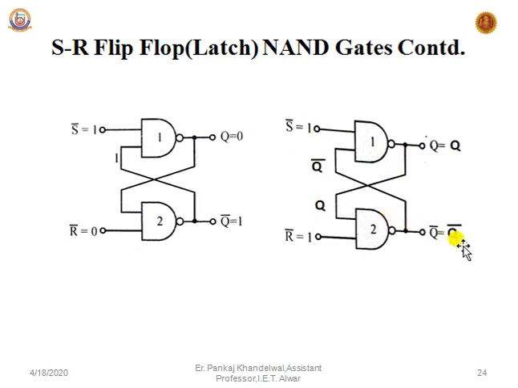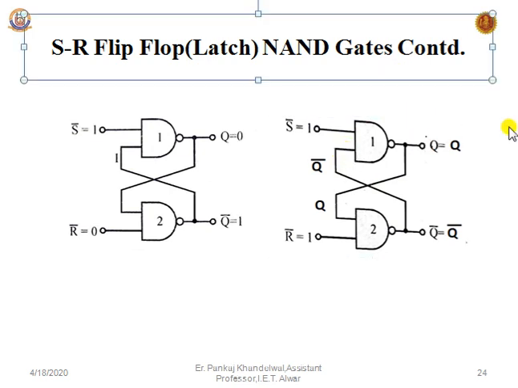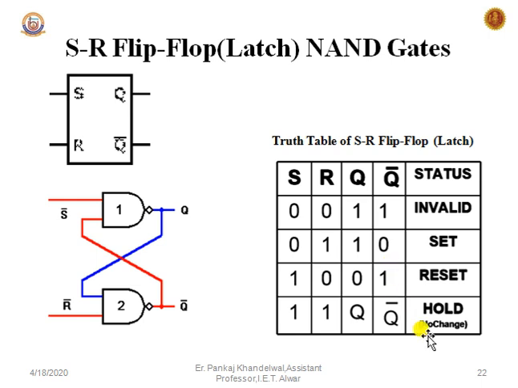So this Q bar goes through the feedback to the input of gate first, and the output of gate first is 1 NAND Q bar, which is equal to Q. This Q goes into the feedback of gate second, and the output is 1 NAND Q, which equals Q bar. So this state is called the no change state.